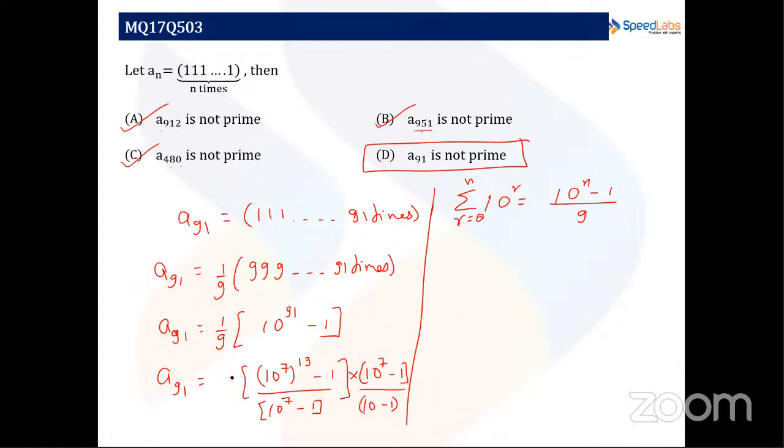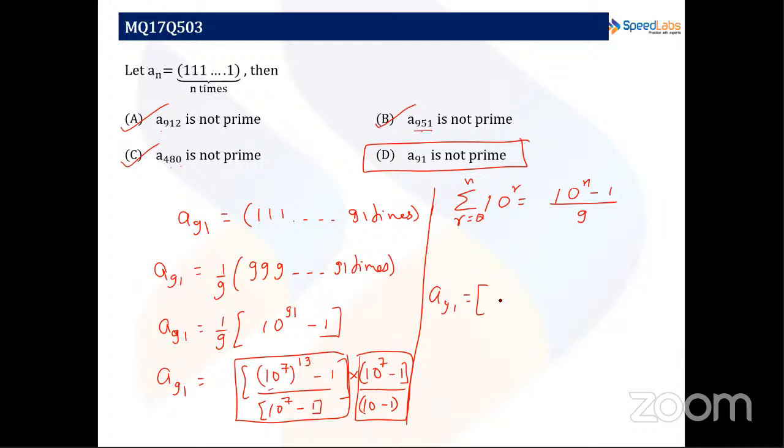So we can say that these are two different GPs we are getting here. The first one is a GP whose common ratio is 10 to the power 7, and the second one is a GP whose common ratio is 10. The first one contains 13 terms and the second one contains 7 terms.